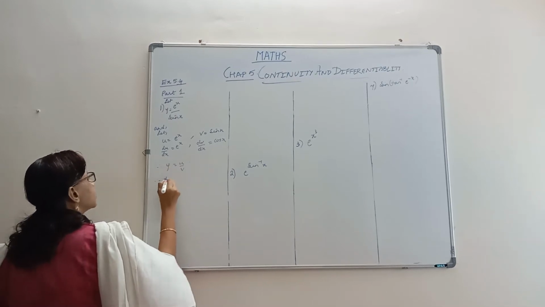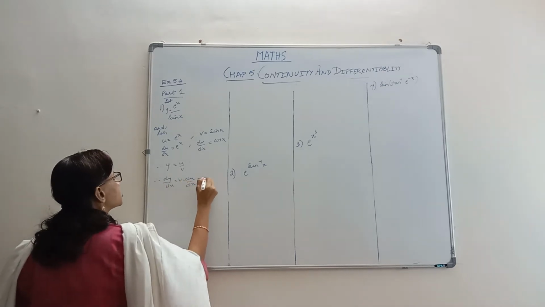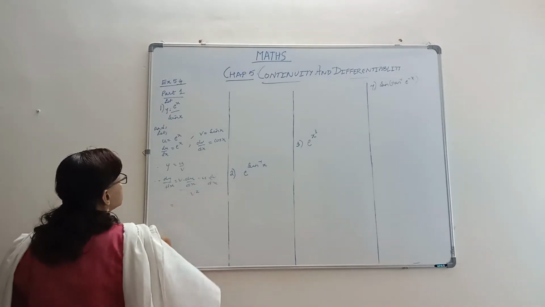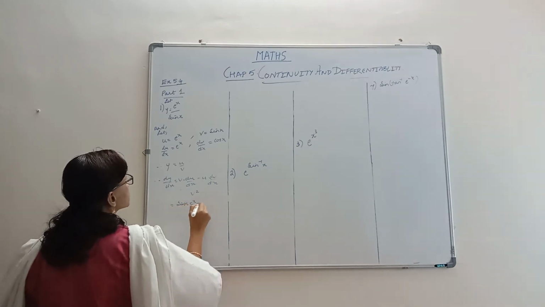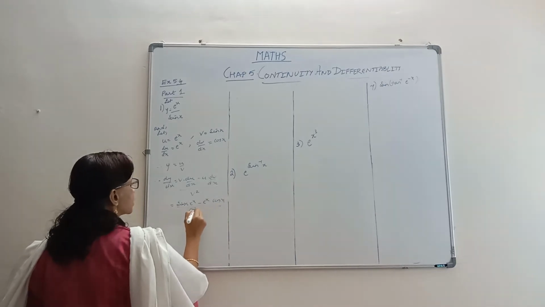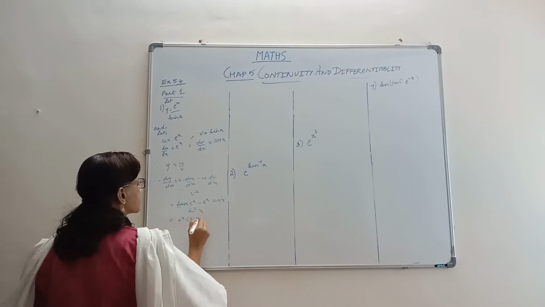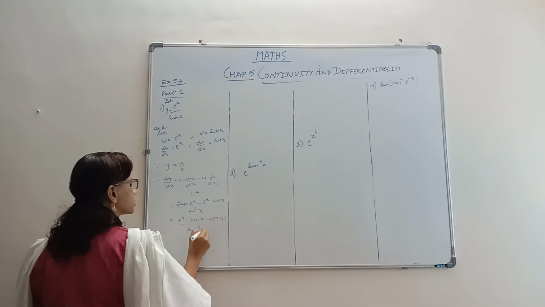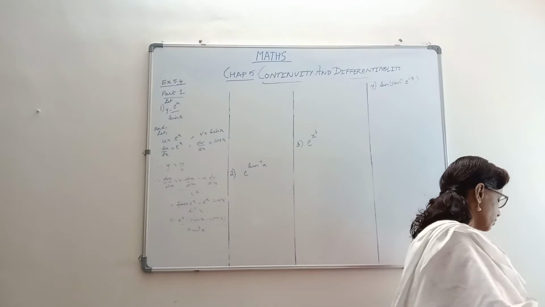Dy by dx by quotient rule will become v times du by dx minus u times dv by dx by v squared, and let's take it sin x e raised to x minus e raised to x cos x by sin squared x. So we have e raised to x here, sin x minus cos x by sin squared x. That's it. That is the derivative of y with respect to x. That's how we get it.